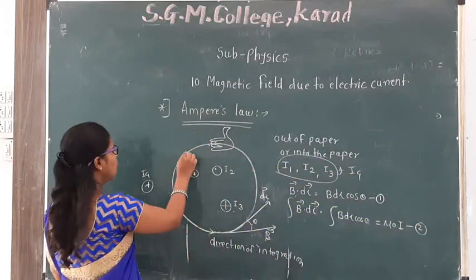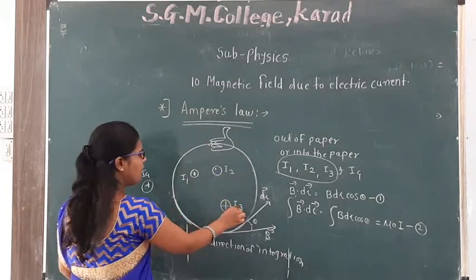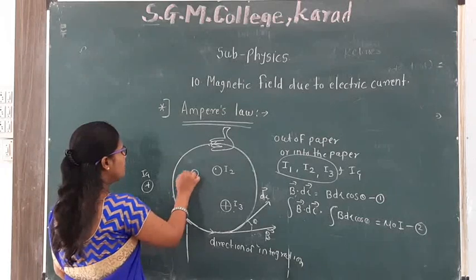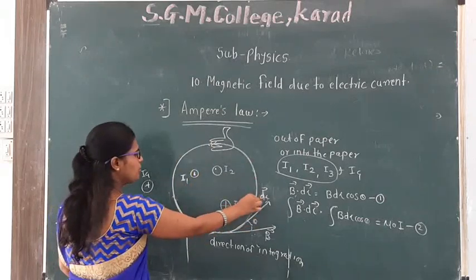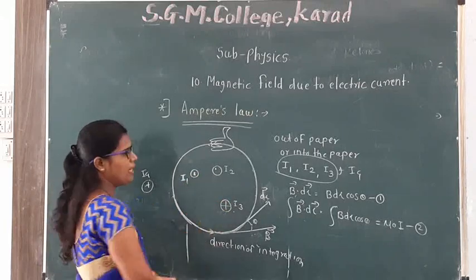Now we have four currents, I1, I2, I3, I4, and these three currents are inside the Amperian loop. The Amperian loop is drawn around only three of the currents, I1, I2, I3.